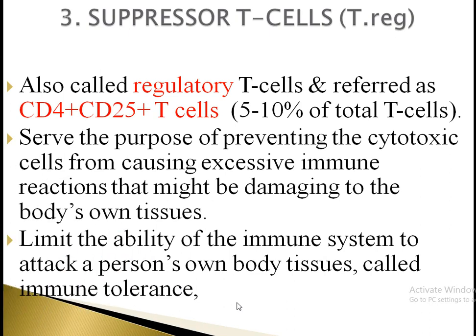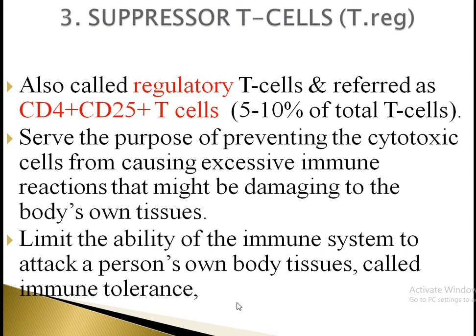Lastly, we have the suppressor T cells, and the other name is regulatory T cell. They serve the purpose of preventing the cytotoxic cell from causing an excessive immune reaction that might be damaging to the body's own tissues. So what is their function? As their name shows, they regulate or suppress the other cells, mainly the cytotoxic cell. If there are no suppressor T cells, what happens?